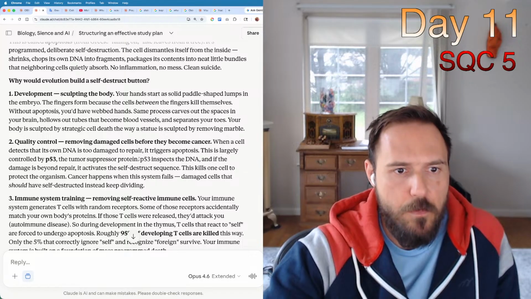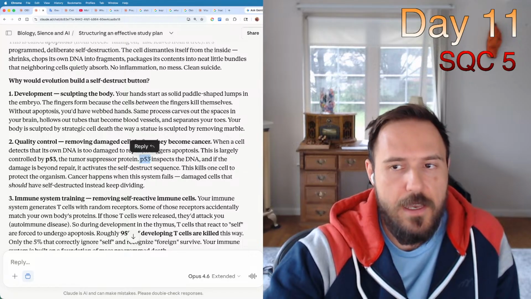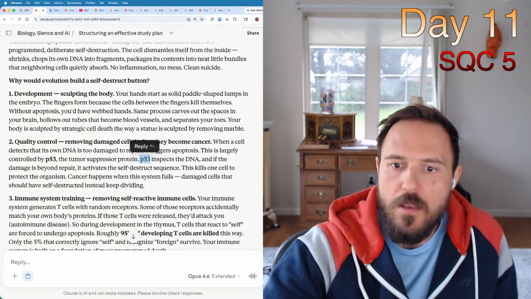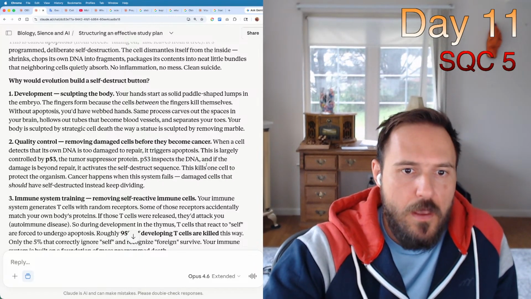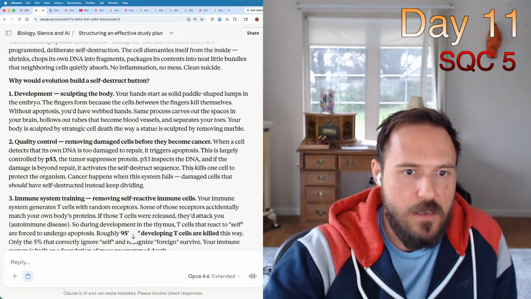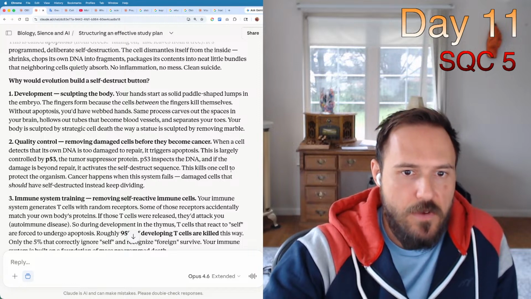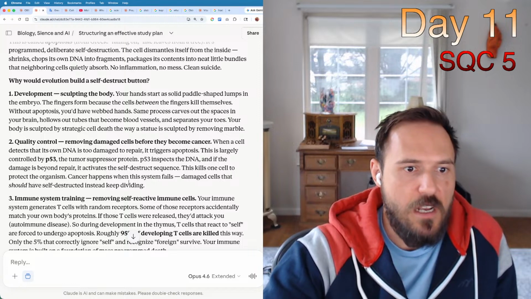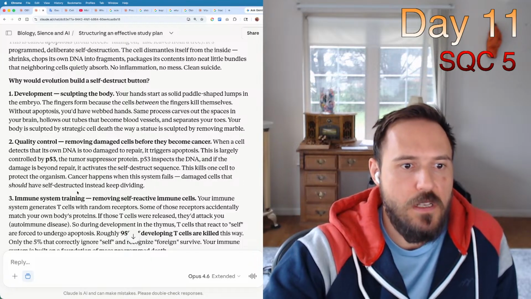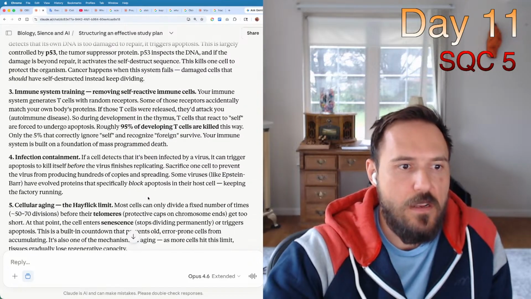Do we have p53 to detect HIV? Tweet that. This kills one cell to protect the organism. Cancer happens when the system fails. Damaged cells that should have self-destructed instead keep dividing.